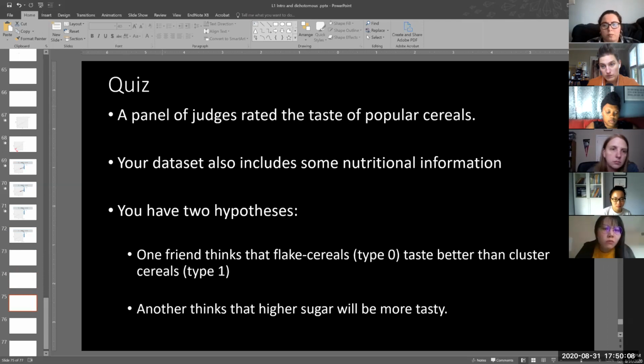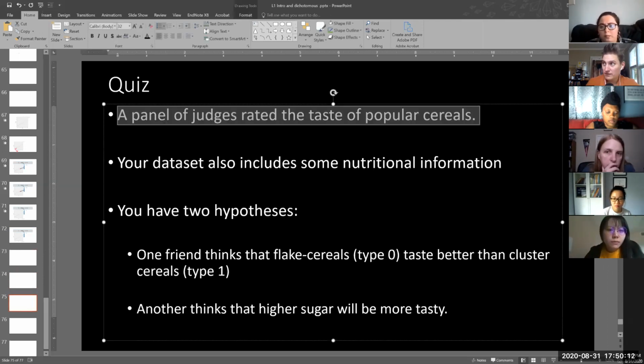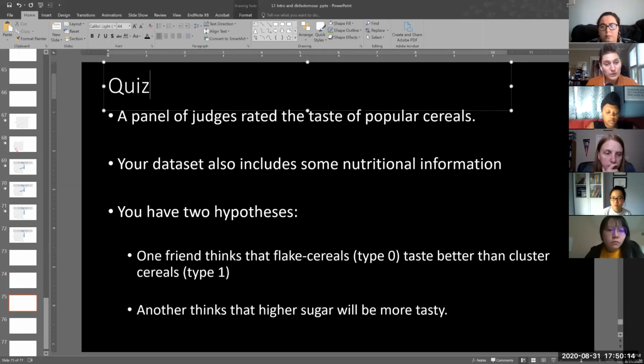Here is the setup of how that works. I have a panel of judges that have rated the taste of popular cereals. My data set also includes some nutritional information like number of calories, number of grams of sugar, number of grams of fat. And then you have 2 hypotheses.